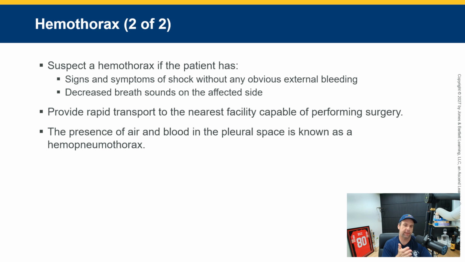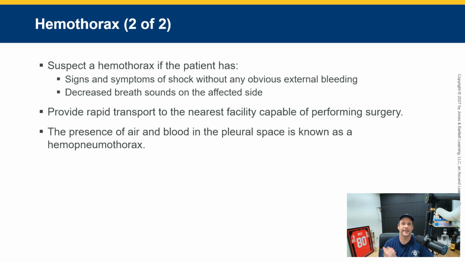Now, air and blood also could collect together, right? So this again is going to be called a hemopneumothorax. In that situation, the lung is compressed by both the blood and the air, and the patient may show a mixture of respiratory compromise and some type of hypovolemic shock. Now, the precise differentiation between a pneumothorax, hemothorax, and a hemopneumothorax might not be possible in the field, right?